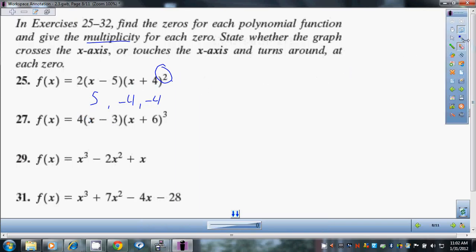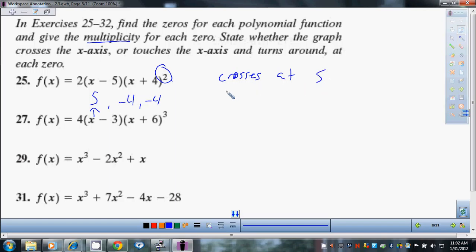State whether the graph crosses the x-axis or touches the x-axis at each of these points. Well, if it happens an odd number of times, any odd number of times, 1, 3, 5, 7, whatever, it crosses. So it crosses at 5 and touches at negative 4.